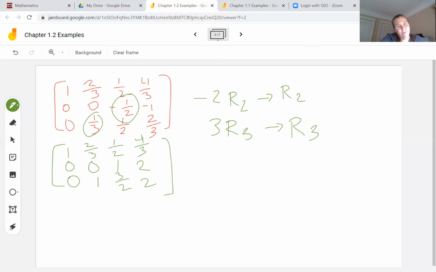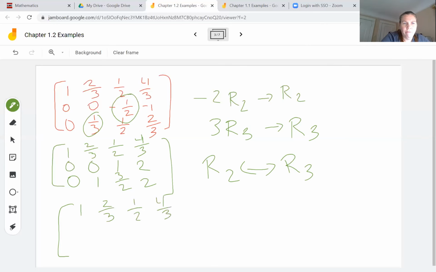All right, so you might say, well, it looks pretty good, but it looks a little funny with row 3 having 1 as the leading coefficient in the second column, and row 2 having 1 as the leading coefficient in the third column. So to get into what we call the row echelon form, we want to flip-flop those. So we're going to flip-flop row 2 and row 3, so that we now have our matrix as 1, 2/3, 1/2, 4/3.